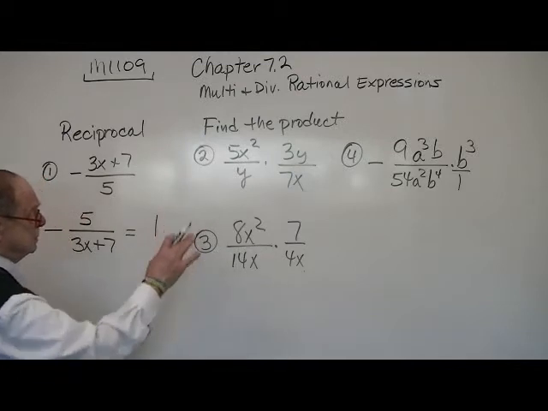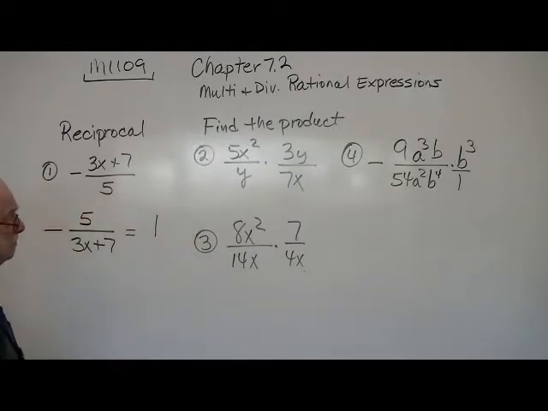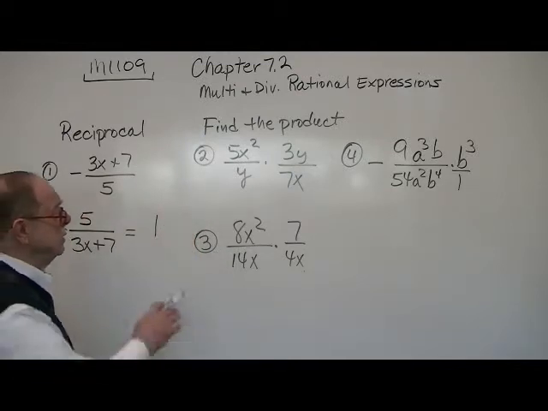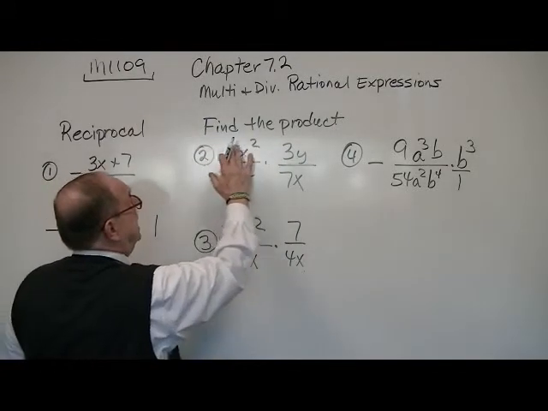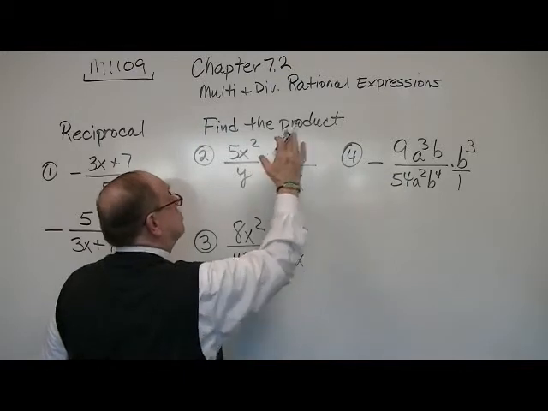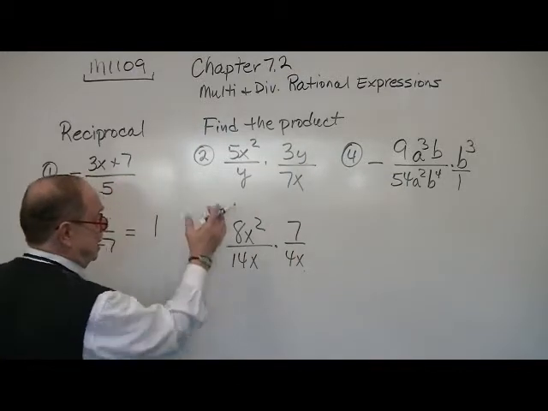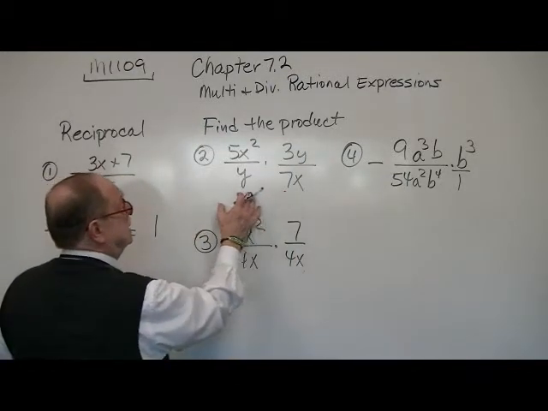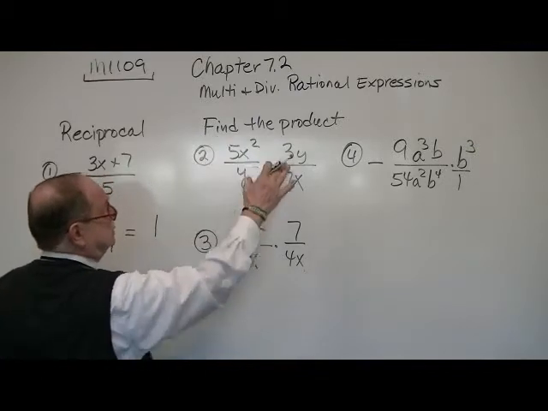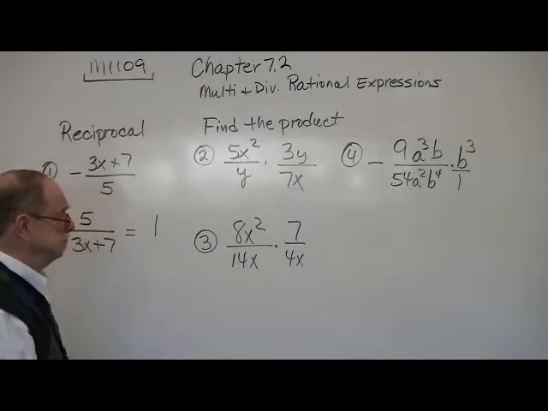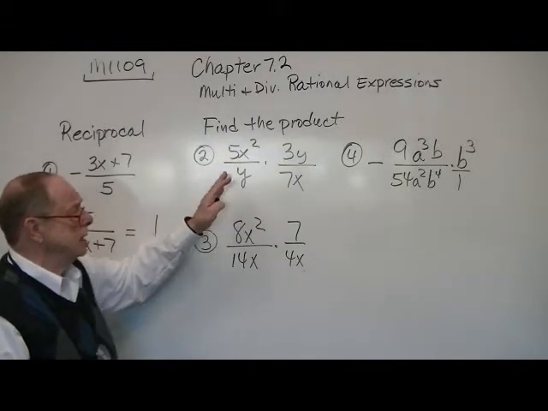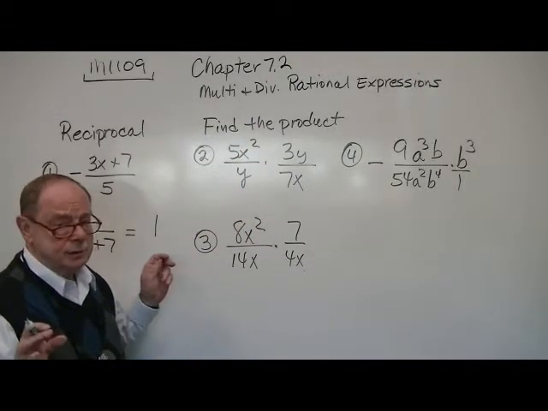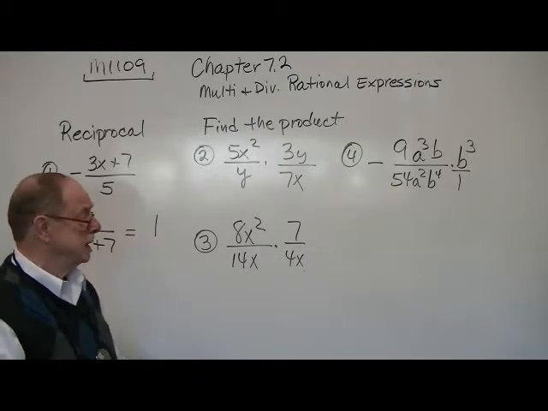All right, let's go on to example 2 now. Here they want us to simplify and find a product of multiplying these rational expressions. But even though they want you to multiply, they also want you to simplify.